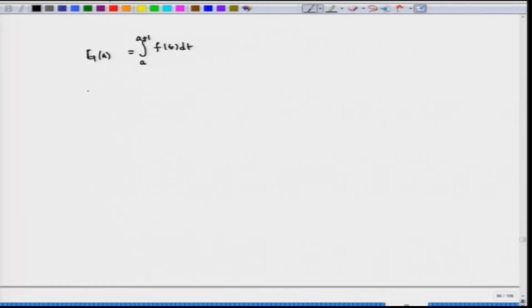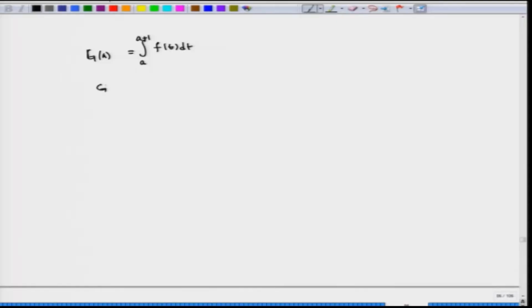So we can compute the derivative. If we can show that g prime of a is 0, then we can say that g is constant, right.